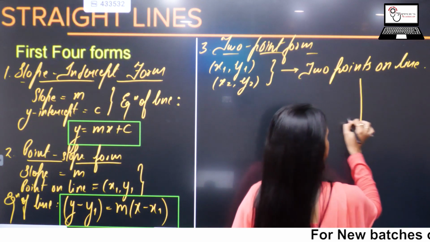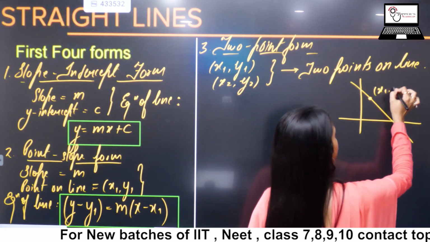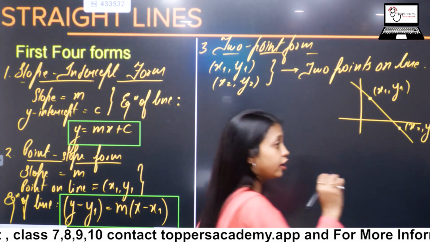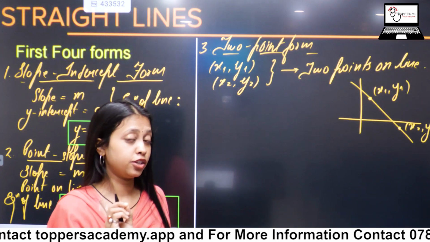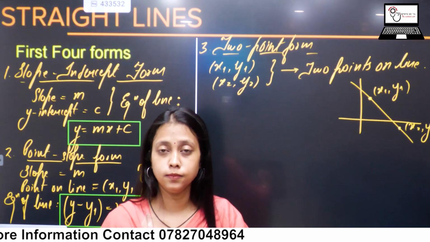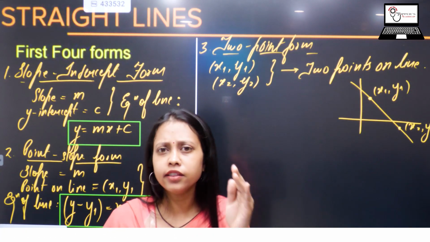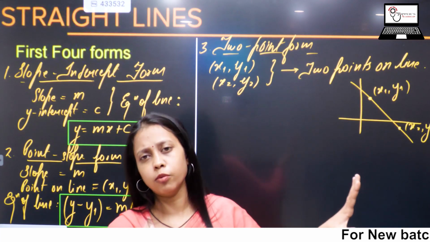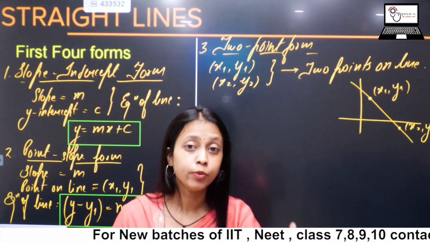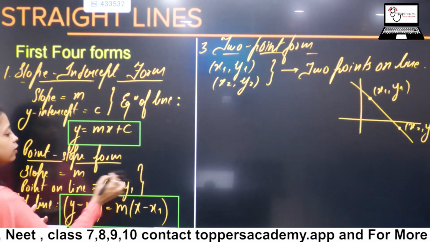So let's say you have a point here x1 y1 and a point here x2 y2. Now think carefully. We have done in the first lecture that you can find slope using two points on the line. So just think that for the moment I don't know the formula for the equation of the line in this form. I can take the help of the second form. The second says that you need a point.